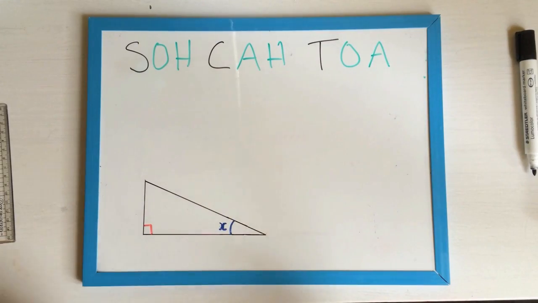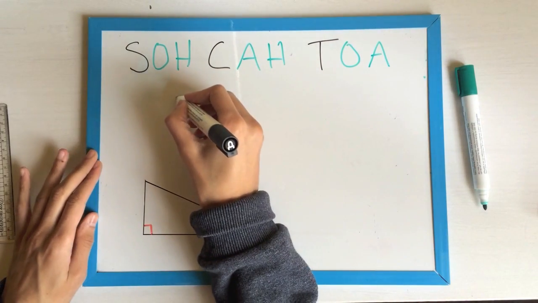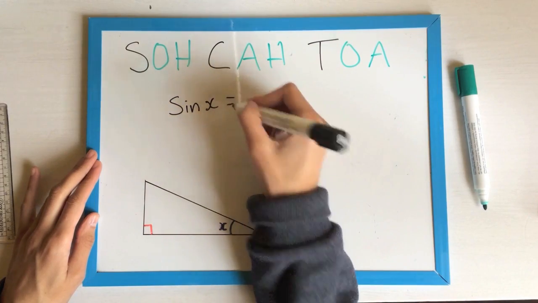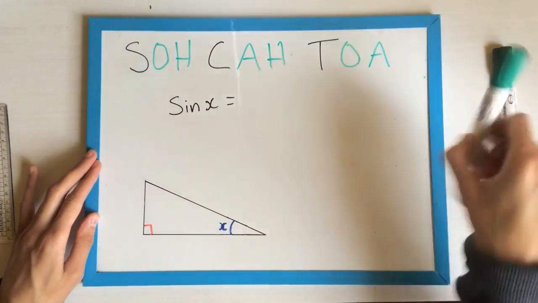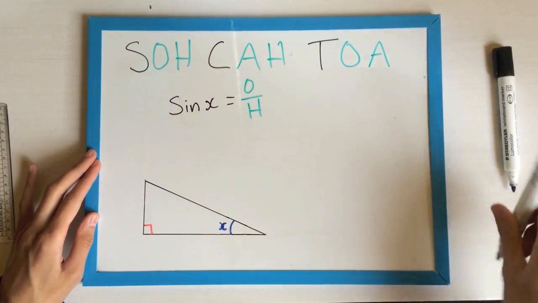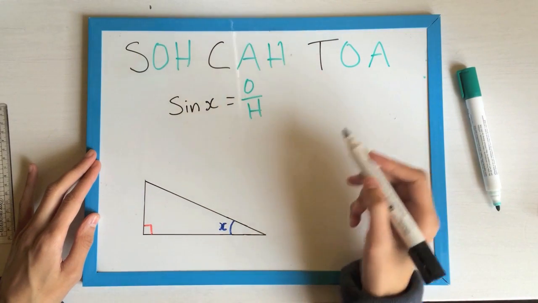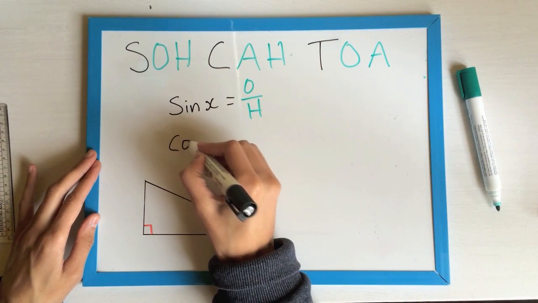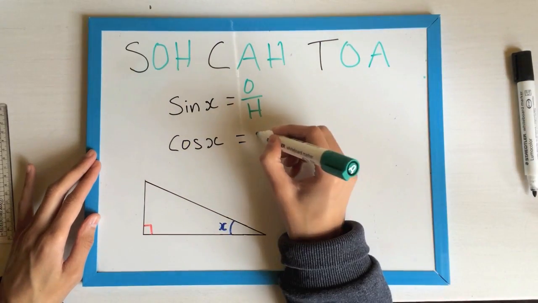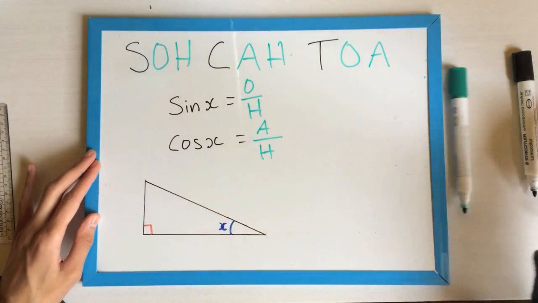SOHCAHTOA is a helpful acronym. We'll start with SO. SO is sine x equals opposite over hypotenuse. CA is cos x, which is equal to adjacent over hypotenuse.